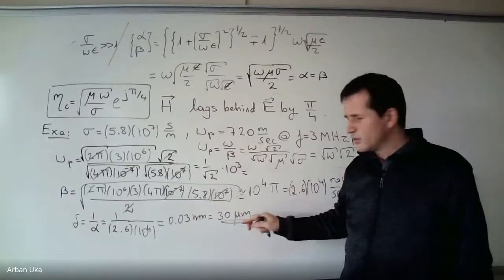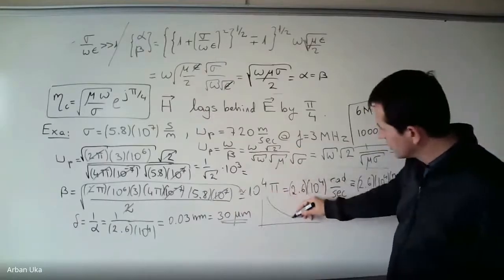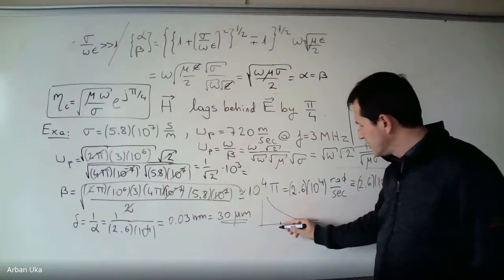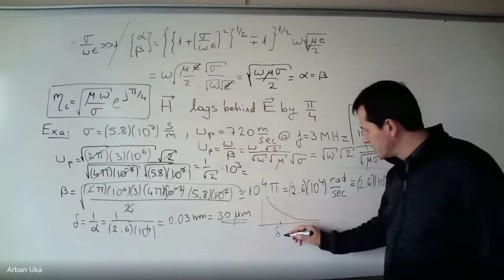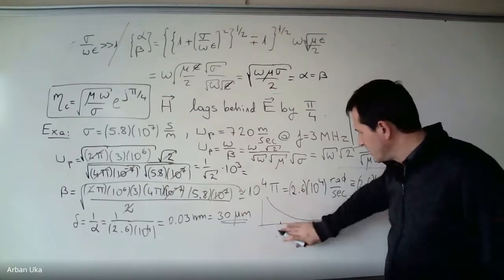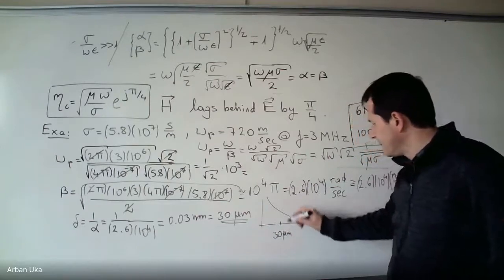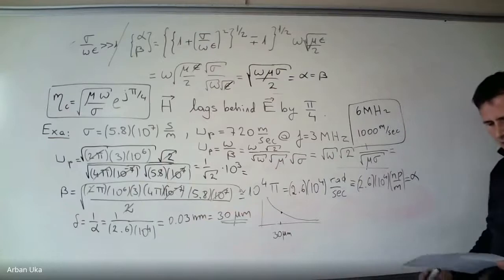You are engineers now. You know that anything, if it attenuates, whatever the amplitude is initially, is going to decay like this. And we know that at one delta, so at one distance of 30 micrometers, the intensity will be decreased by how much?